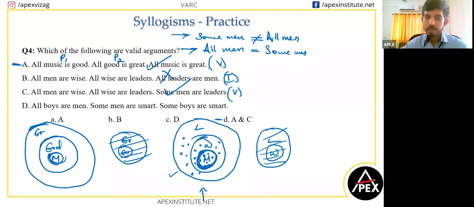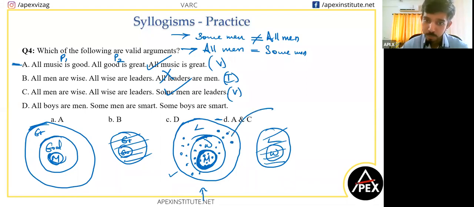Amin wants me to explain B again. Okay, all men are wise and all wise are leaders. All men are wise here and all wise are leaders. So therefore, does it mean that all leaders are men? No. All leaders are inside this bigger circle. I mean, there are people here who are not wise, but they are leaders.